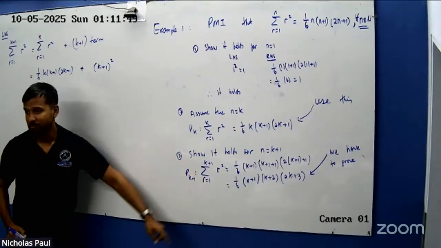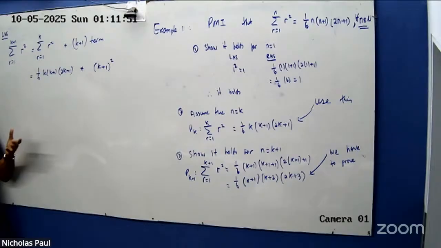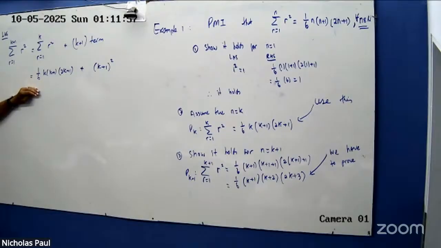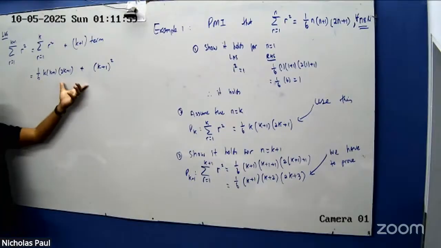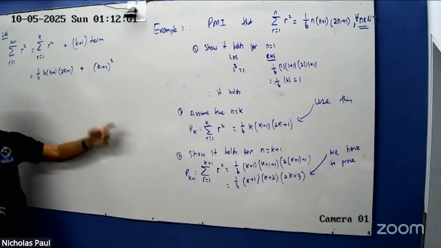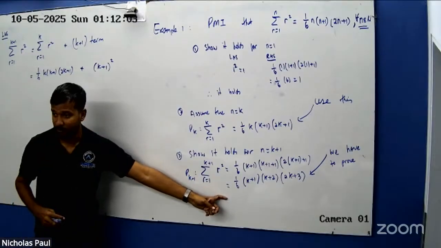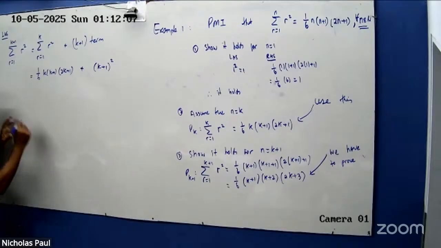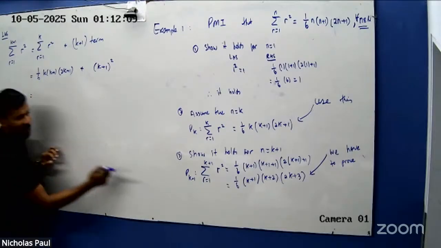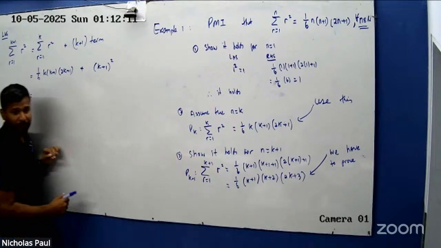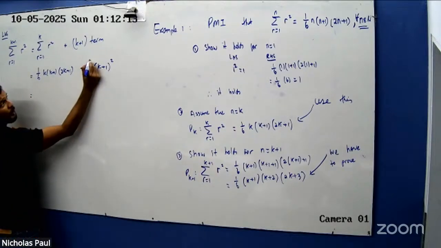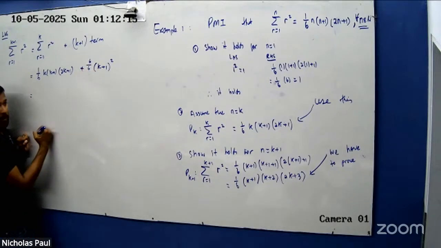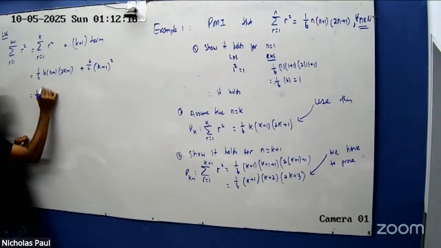We have to make that look like this. Everybody watch here, because here's the hard part. I expect you to be able to reach up till here. The hard part is after this. You recognize this is not factorized, and this is factorized. So we have to find a way to factorize this to make it look like that. I'm going to give you a little help. You'll recognize that there's a 1/6 outside, so I'm going to put 6 over 6 here, which means we could factor out 1/6.